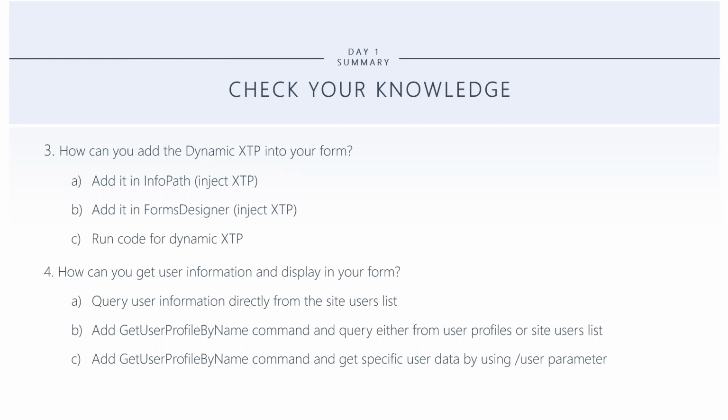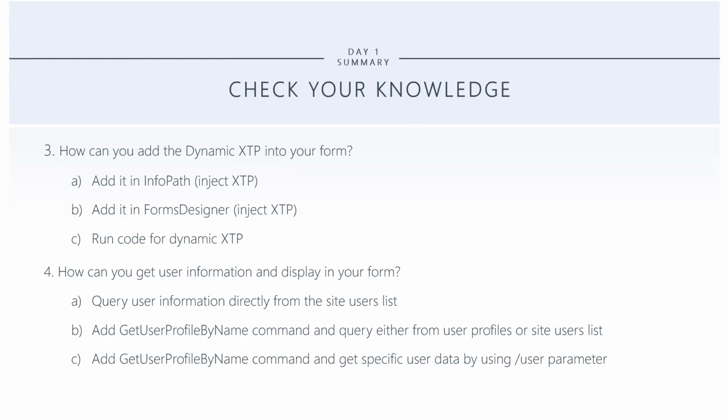And Yesha just showed you how to display the first name, the last name, and even your manager name when you load your form. So maybe you can choose one answer there that you think applies. I thought it was C, right? Yeah. Get user profile by name command by the user parameter.